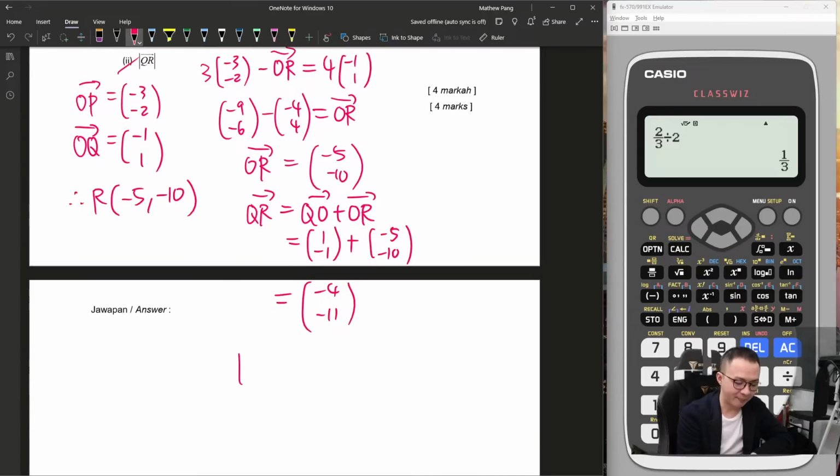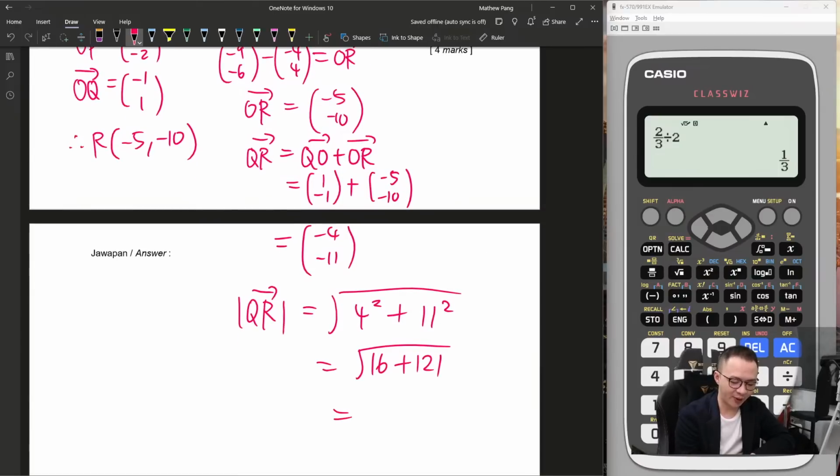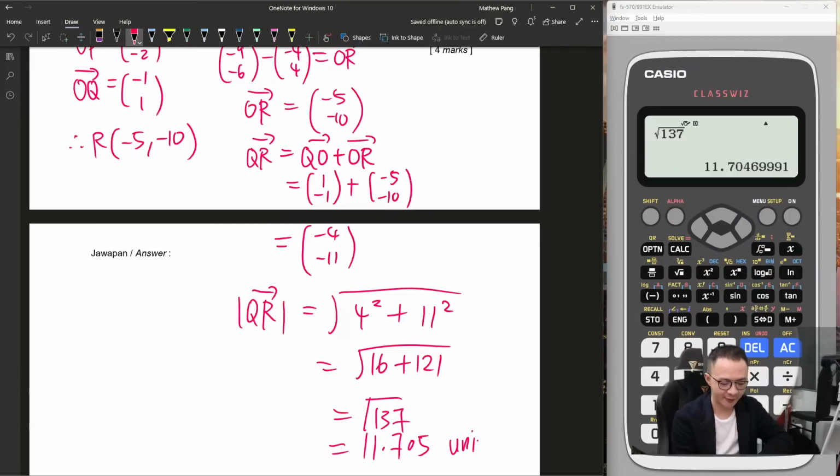If I want the magnitude of QR, I will just do Pythagoras. Square root of 4 squared plus 11 squared. So it's 16 plus 121, which is square root of 137. If you prefer decimal, you can go ahead: 11.705 units.